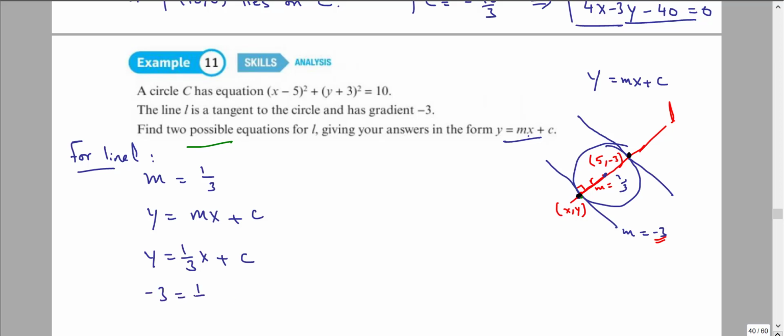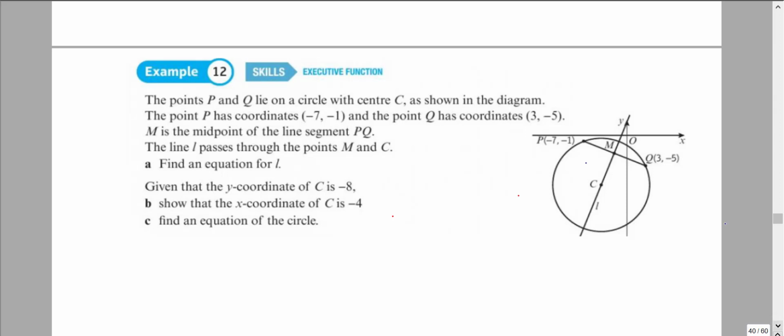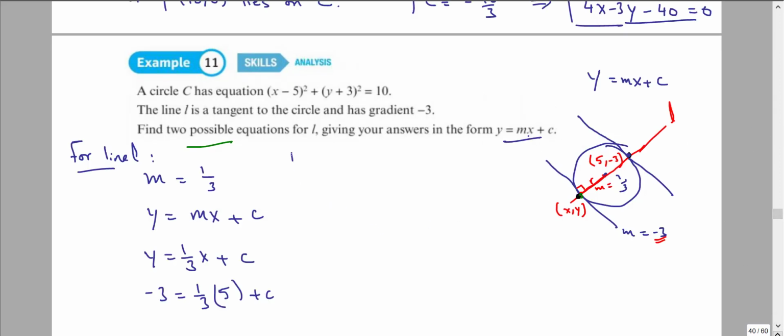So -3 equals 1/3 times 5 plus c. So here we have -3 equals 5/3 plus c. So c will be -3 minus 5/3. Can you put it on the calculator and tell me?